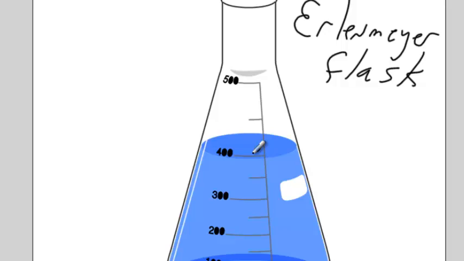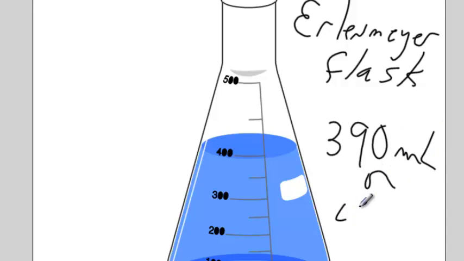So when I'm estimating a digit, it's really the digit in that tens place that I'm estimating. I can say 390 milliliters, or maybe I really want to say it's 400 milliliters. But that's my best estimate. That's the best I can do, because that's all I've got, is these really, really wide markings.